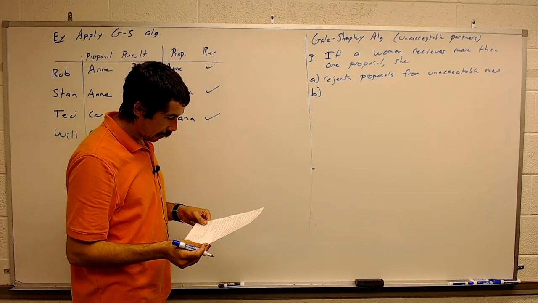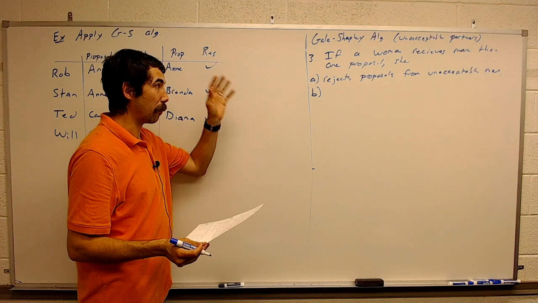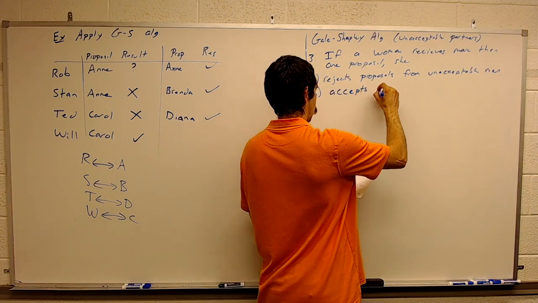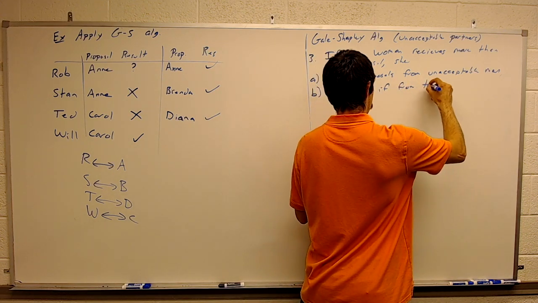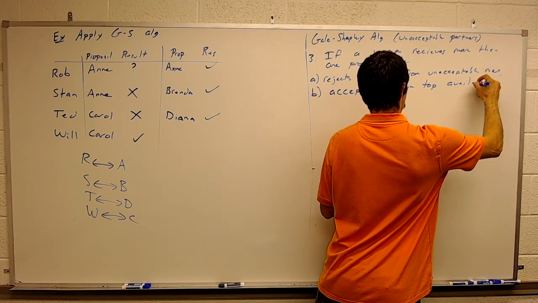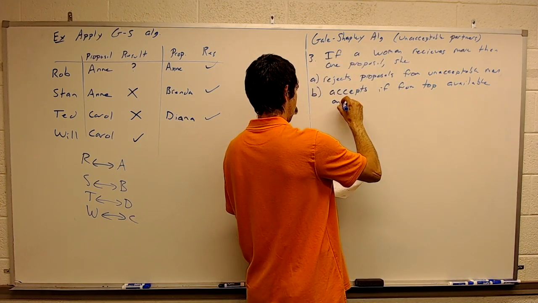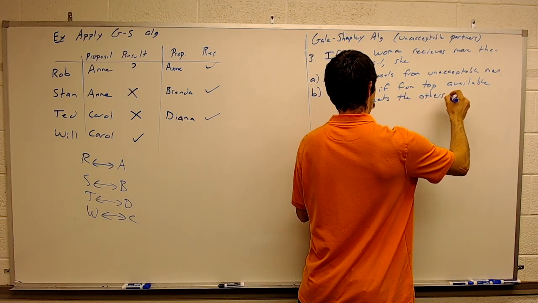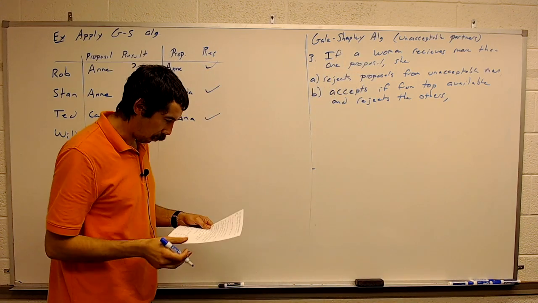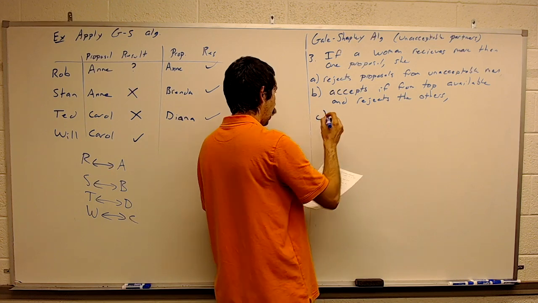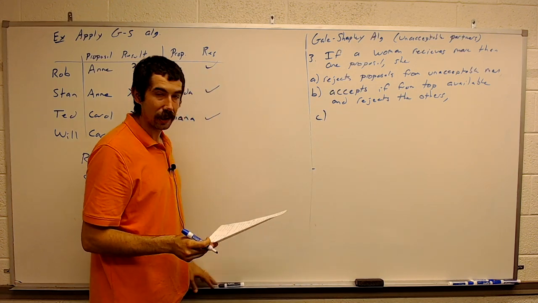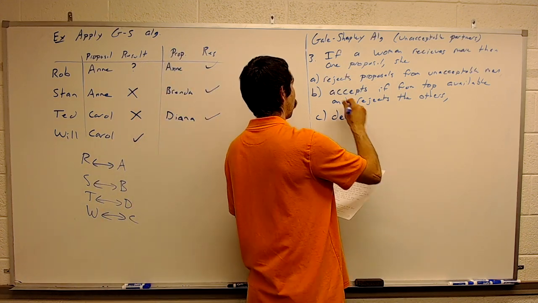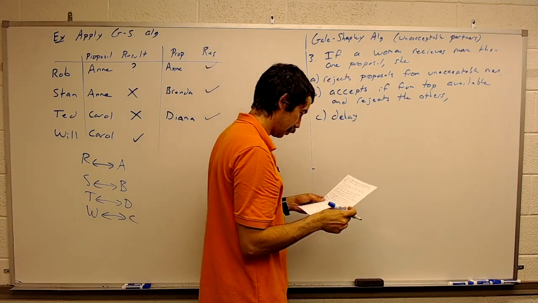Or she accepts it if it's from her top available. And rejects the others, just like before. And then, again, delays with a maybe to the highest ranked proposal and rejects the rest. So this is very similar, right? This is the only difference, is she rejects from unacceptable men.